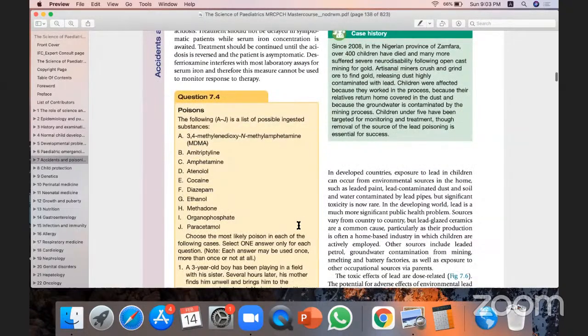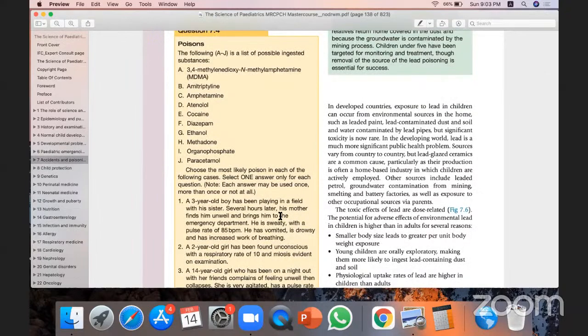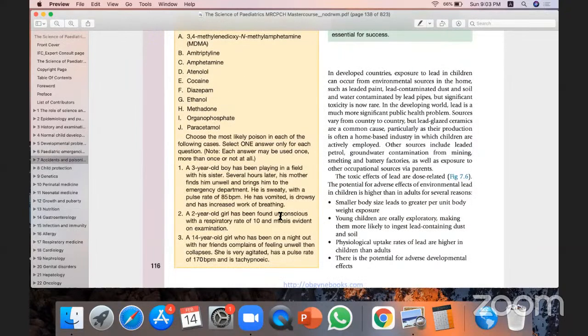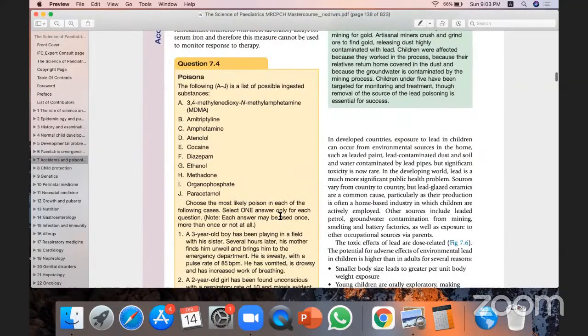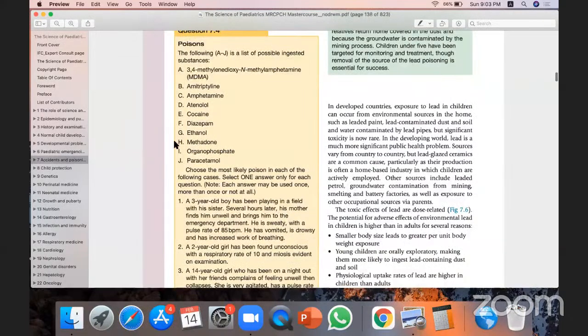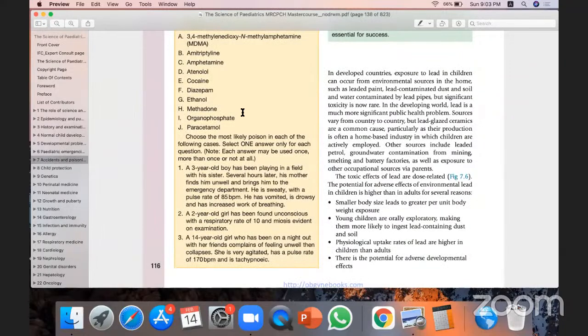Then this question, which type of question is this? EMQ. This is a very important EMQ about poisoning, and you will see this type of question in your exam. The first question was a 3-year-old boy who is sweaty, tachycardic, vomited, drowsy, with increased work of breathing.